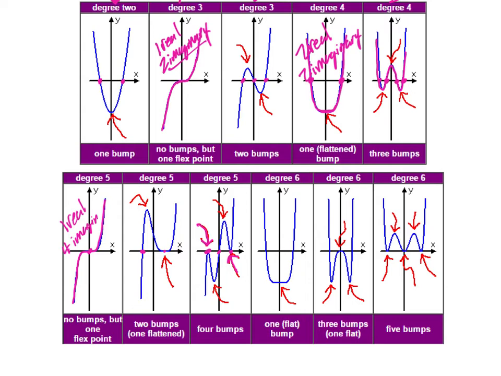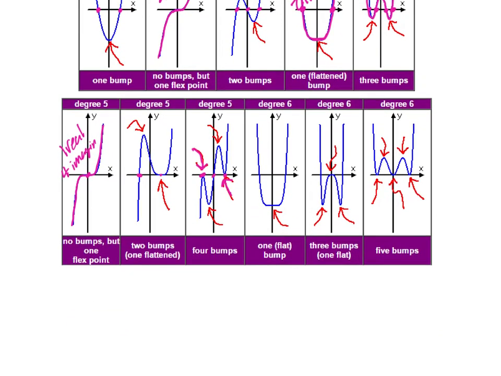That means I have a multiple there. So think about when we had x minus 1 squared, right? That's x minus 1 times x minus 1.